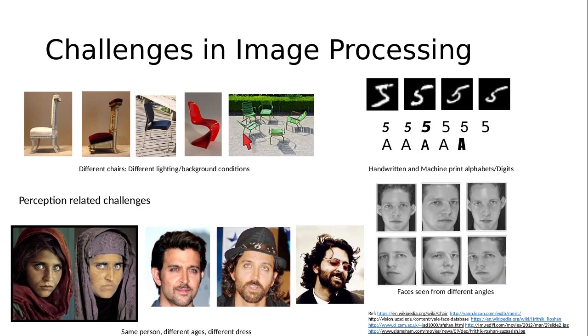Here the legs are again not very prominent, and there are different lighting and background conditions in all of these images. A human being might perceive all these images to be containing chairs, but how does an image processing algorithm ignore the fact that these chairs have shadows, that there is grass in these images, whereas there is no grass in these images, and that the more important part are the chairs?